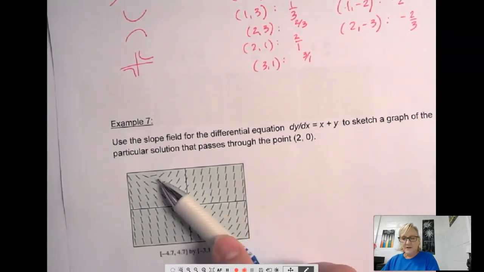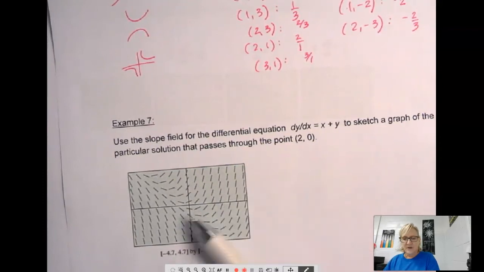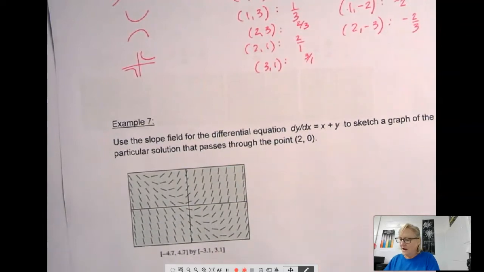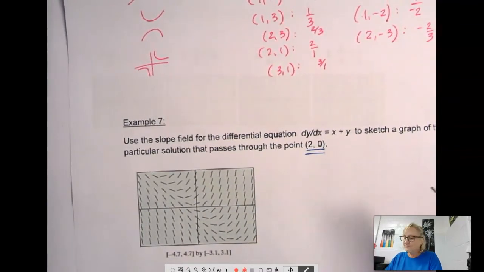And it looks like the curve is kind of doing this above it. And I'm not sure that this is really anything on the graph, but there could be another piece down there. But all we're going to do is take the point 2, 0, find it, plot it, and then follow the curve and make our curve go through this point.